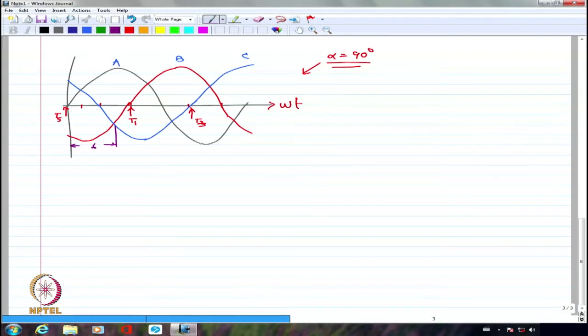So 1 and 6 are not getting in touch with each other at all, because when you have fired 1, 6 has already ceased to be the most negative device. So 6 will never join hands with 1. So what I will have is, for this duration, it is 1 and 2.